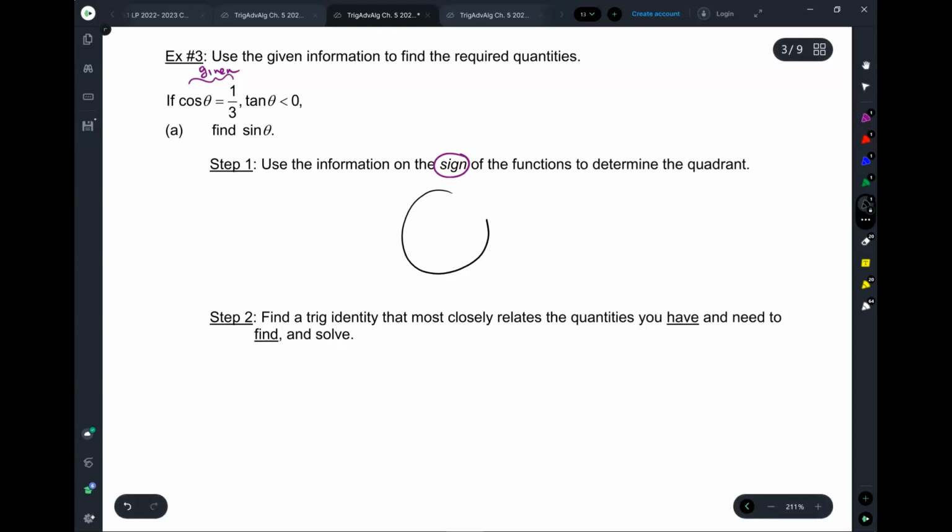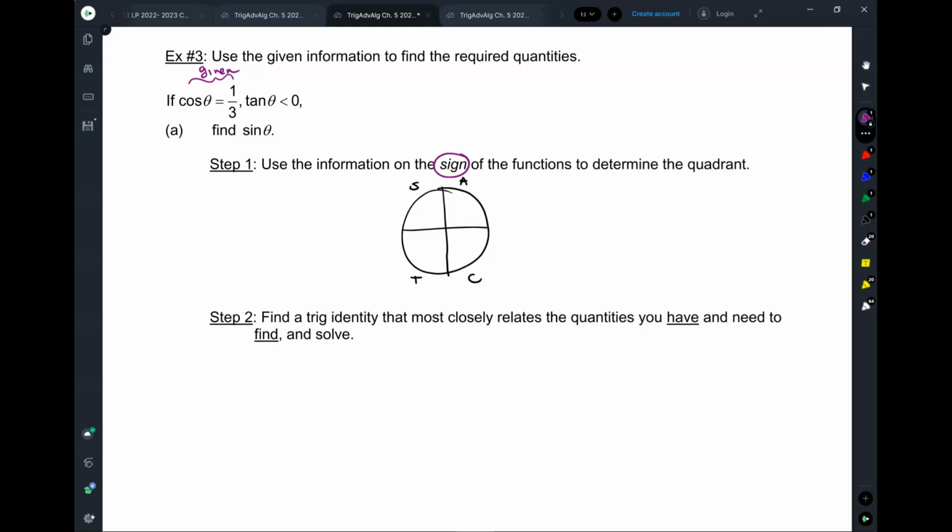We're going to draw a unit circle. Do you remember this was all students take calculus? So we now have on top, at the very first line, if cosine equals 1/3 and tangent is less than 0, two pieces of information. The first piece of information is cosine theta is 1/3. Cosine theta is positive 1/3.